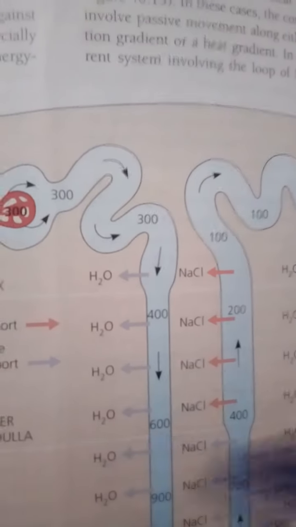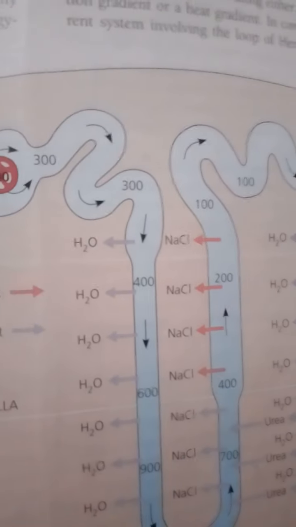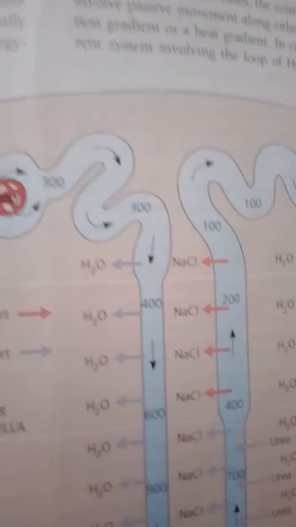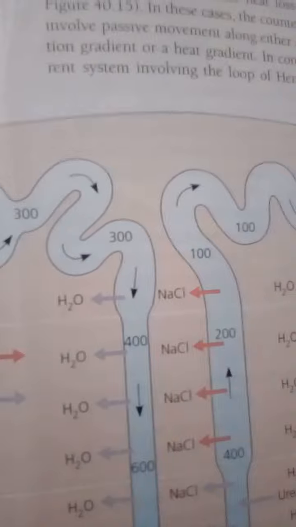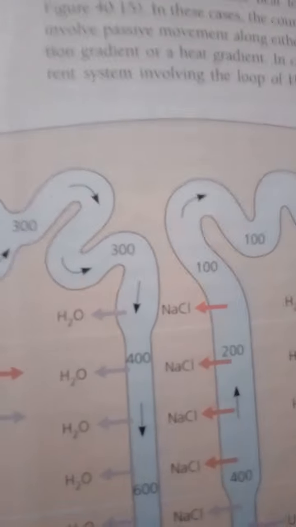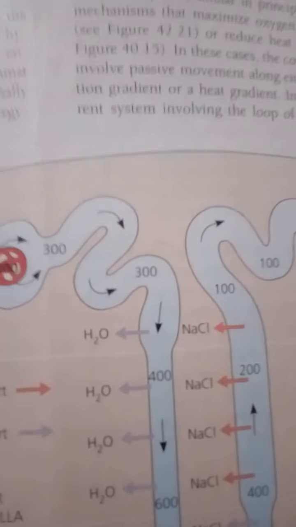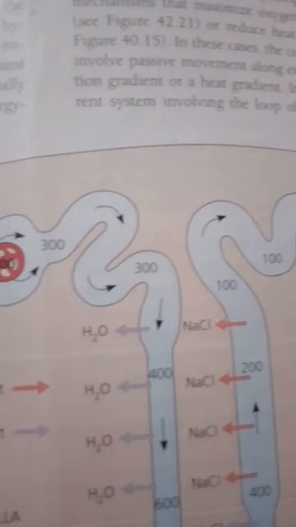Notice that the loop of Henle has several qualities of a countercurrent system, similar in principle to the countercurrent mechanisms that maximize oxygen absorption by fish gills or reduce heat loss in endotherms.